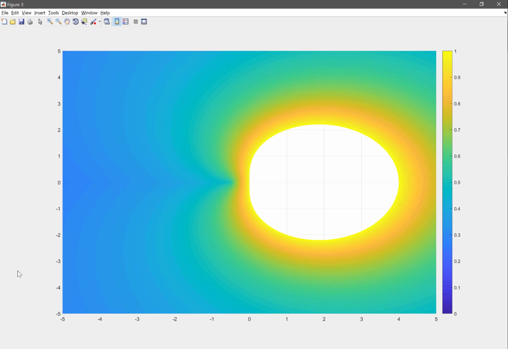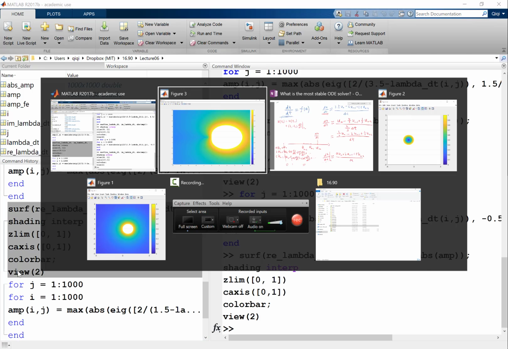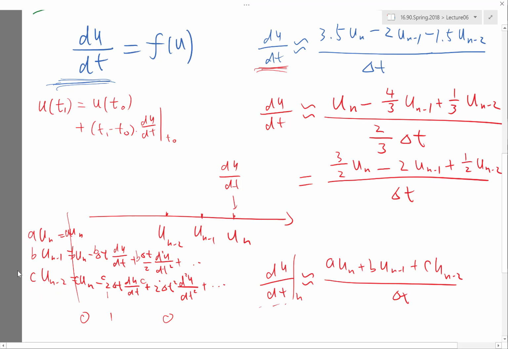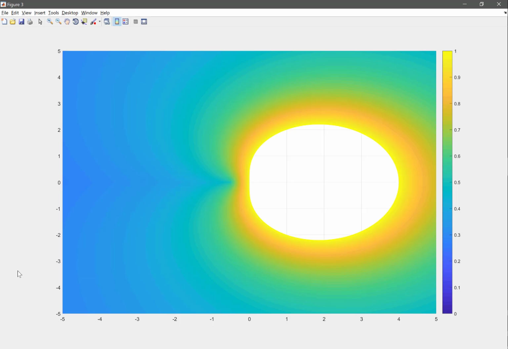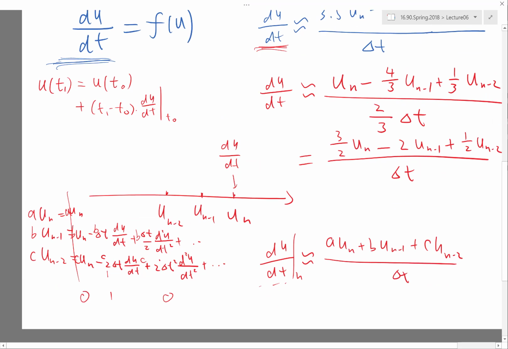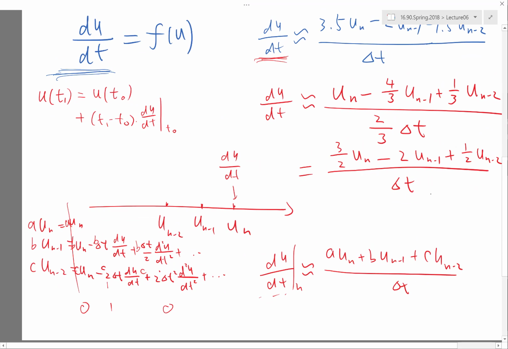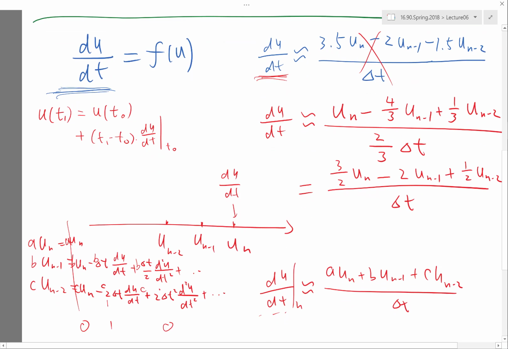All right, so this is basically the stability region of this scheme, which usually, when you have a scheme that is accurate, easy to implement, which this is pretty easy to implement, and also has a pretty good stability region like this one, it usually has a name, right? This particular scheme is called the BDF2.